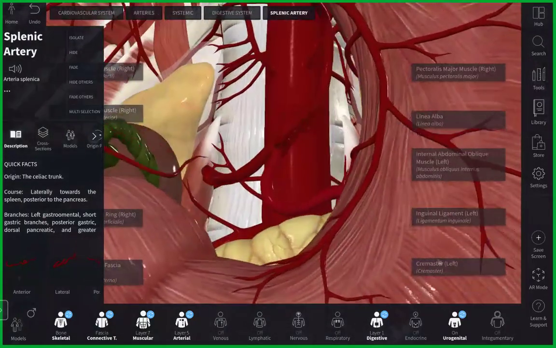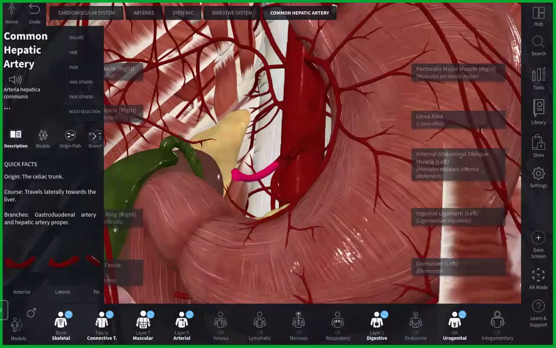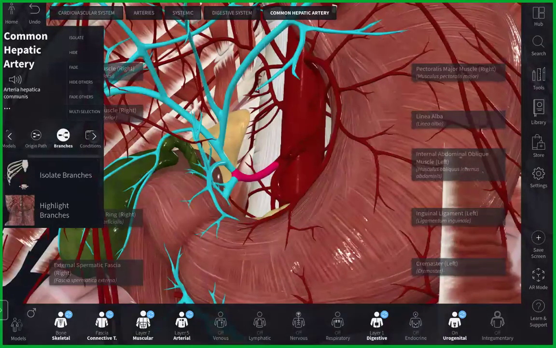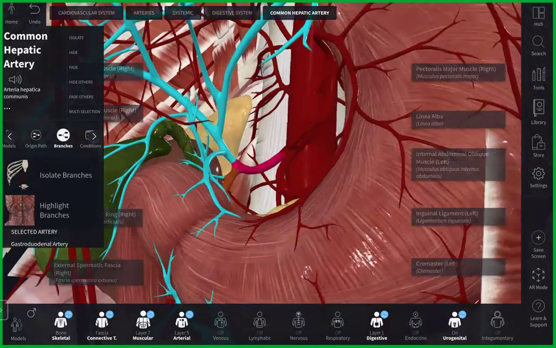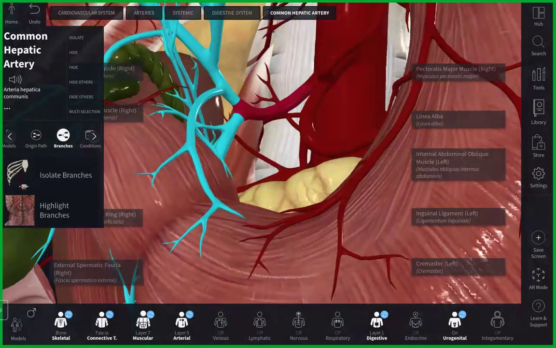Then we have this one, that is the common hepatic artery. That is very important. So I have to add the branches of the common hepatic artery. See how many branches? Too many branches, guys. So let me show you one by one.